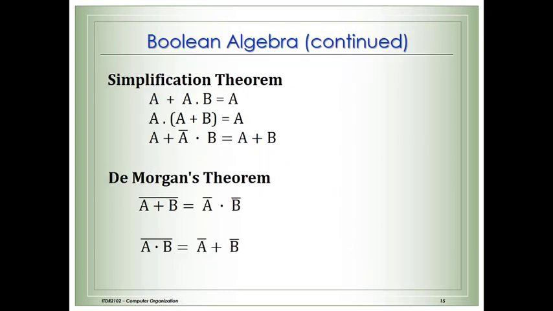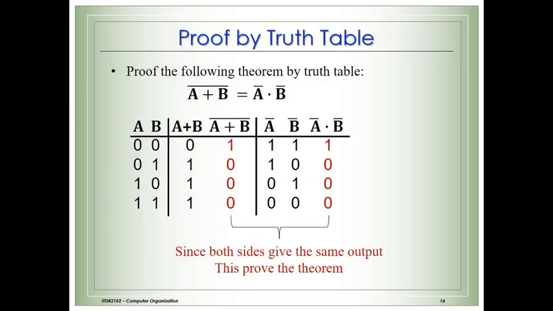Proof: how can we say that this is equivalent to this one and this is equivalent to this one? Again we are going to prove it by using a truth table. So here we have A OR B and its complete NOT, means NOR, and it is equivalent to not A AND not B. So first we have A and B, so possible inputs are 0 0, 0 1, 1 0, 1 1.